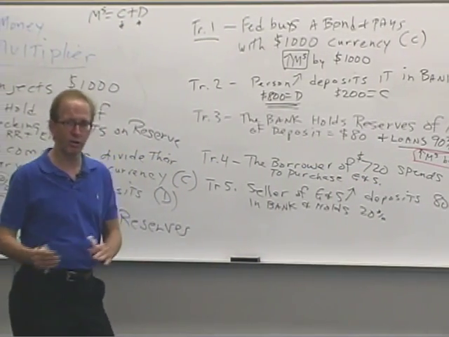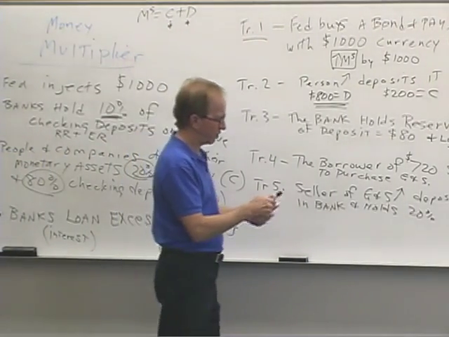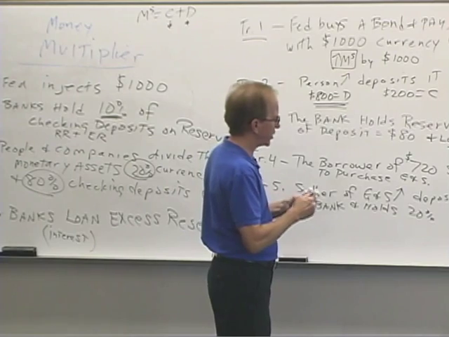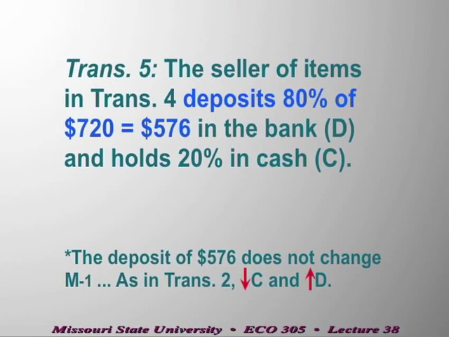Keep 20% as currency and 80% in the bank. And so if we do the calculation, 80% of the 720 deposits equal $518.40. And currency is 20%. What would that be? $144?